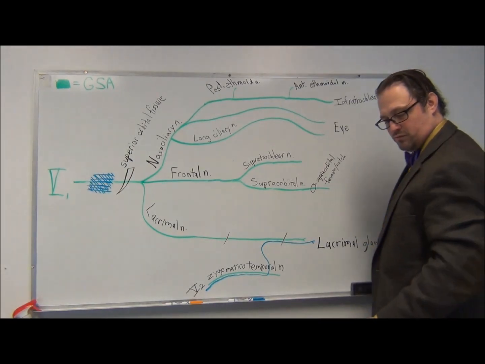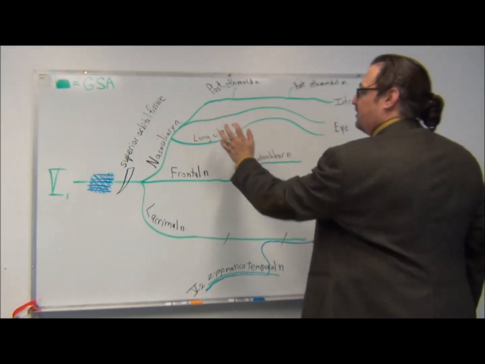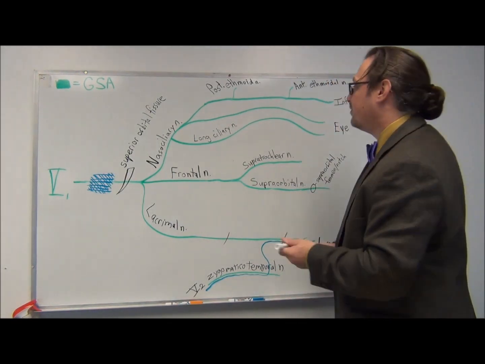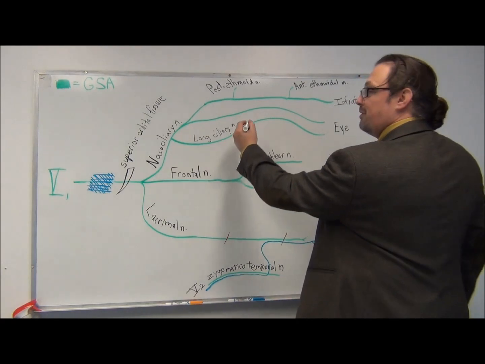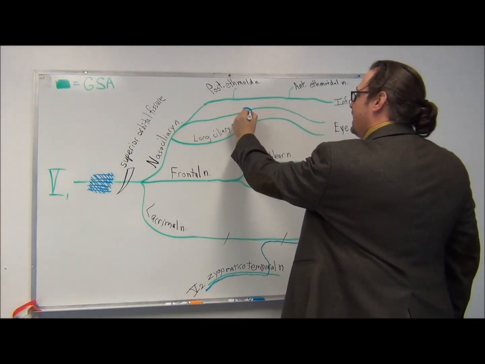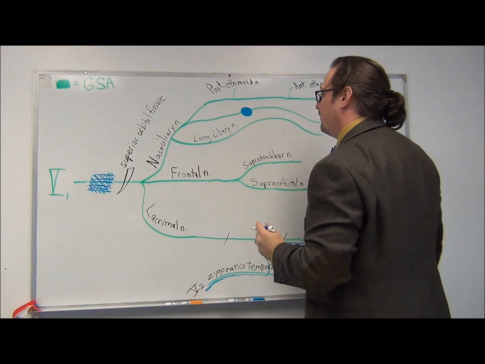Right now, let's jump back to this guy that I left unnamed. The reason that one's unnamed is because there's a collection of parasympathetic cell bodies hanging out in the orbit, and it gloms onto some of these branches of the ophthalmic nerve.